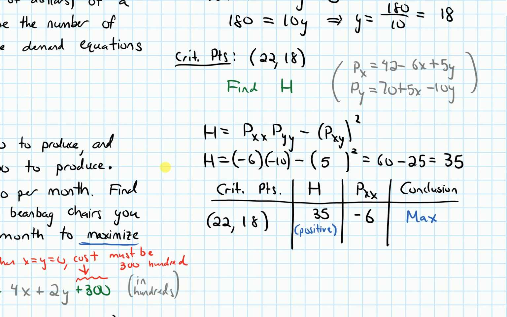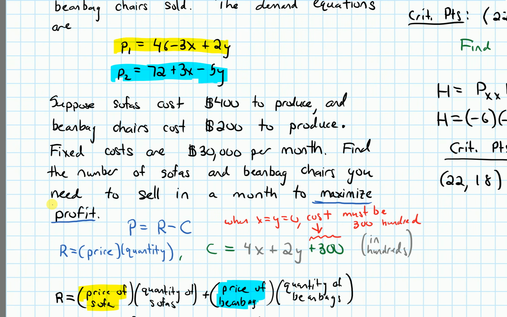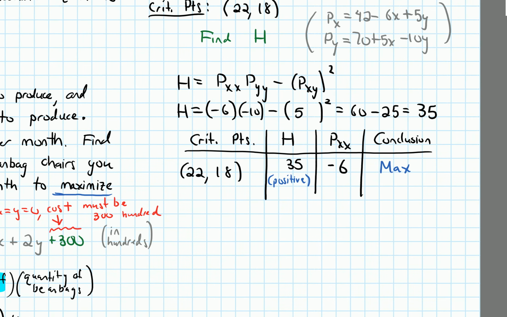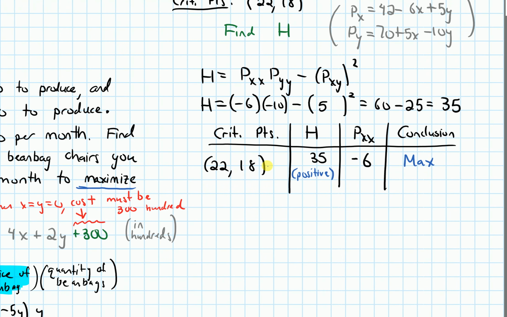All right, so what was the question asking us? It wanted us to find the number of sofas and beanbag chairs we need to sell in a month to maximize the profit. The number of sofas and beanbag chairs were x and y, so it's asking us for those values. Those were 22 and 18. So let's write our conclusion with a sentence.